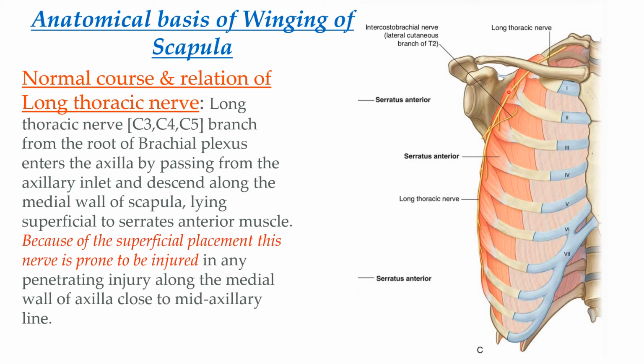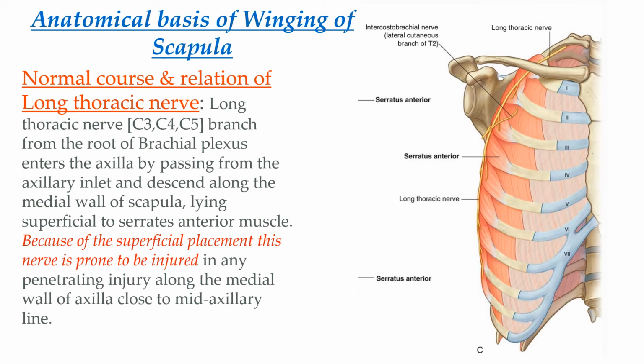In the axilla, it descends by lying along the medial wall of the axilla, where it is placed superficial to the serratus anterior muscle. So this is the long thoracic nerve and these are the digitations of serratus anterior muscle. You can see that the nerve is placed superficial to the serratus anterior muscle, and because of this superficial placement, it becomes prone to injury whenever any stab injury occurs to the medial wall of the axilla.